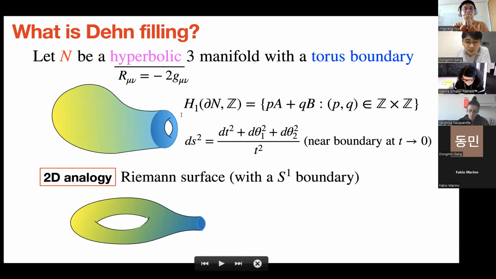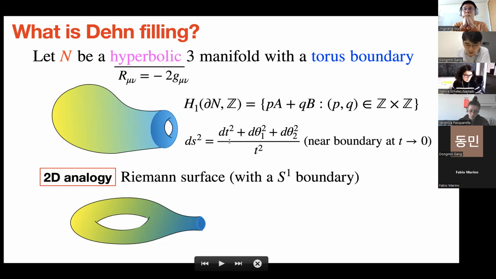And I denote the boundary torus one-cycle basis as A and B, and the general boundary one-cycle element can be realized as a linear combination of the A and B cycles, where P and Q are integers.